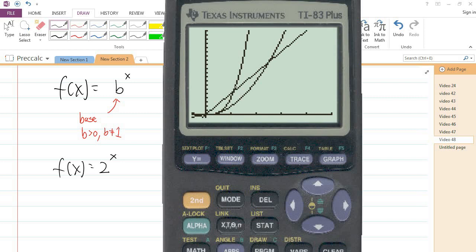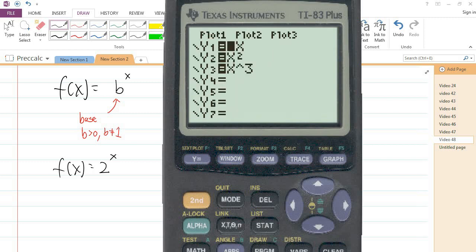X squared catches up a little bit later, but in each case, these two functions quickly catch up with the line, and it makes sense because these other two functions have a higher degree.